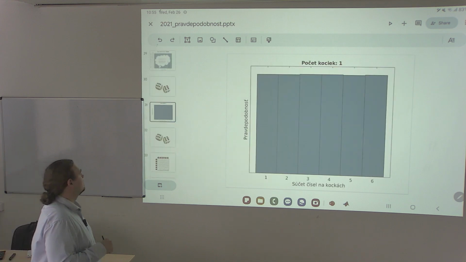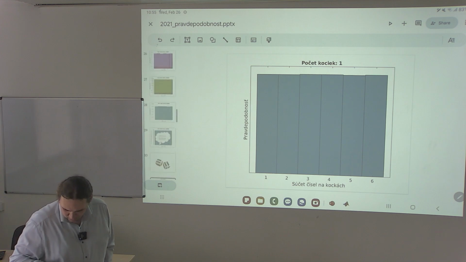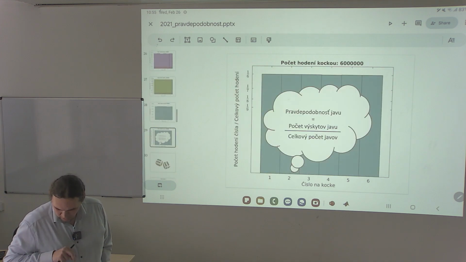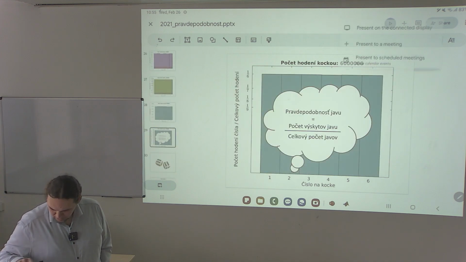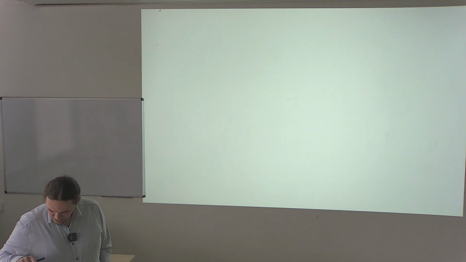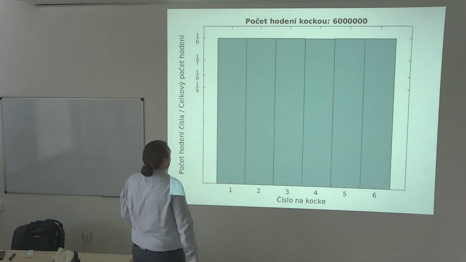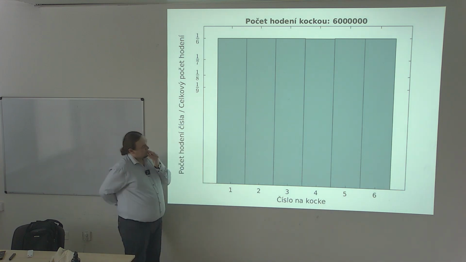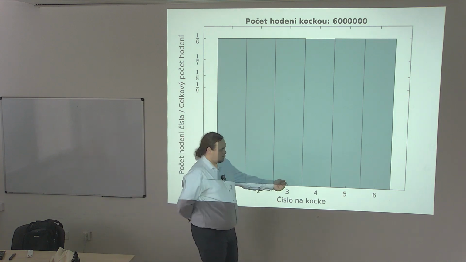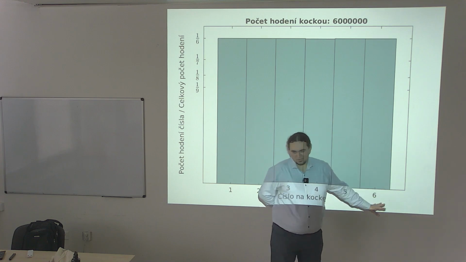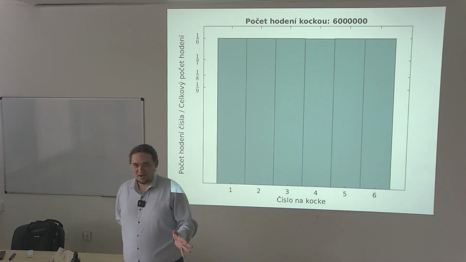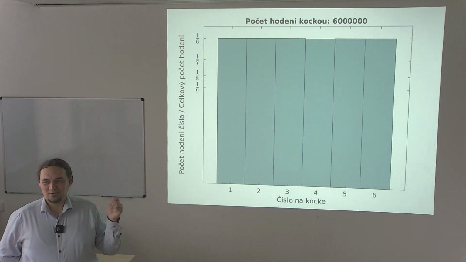Where is the one with the numbers? Perfect. So if I now calculate what is the probability of throwing 1, 2, 3, 4, 5, or 6 on the dice, how would I proceed?